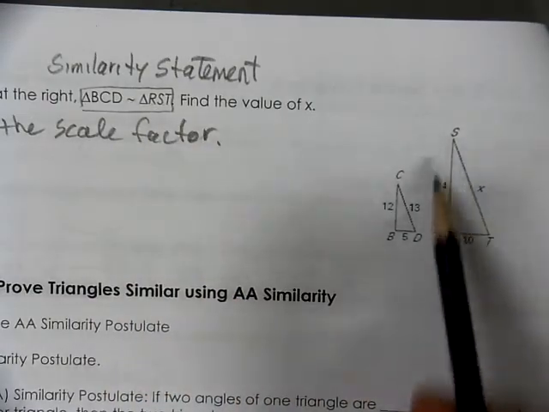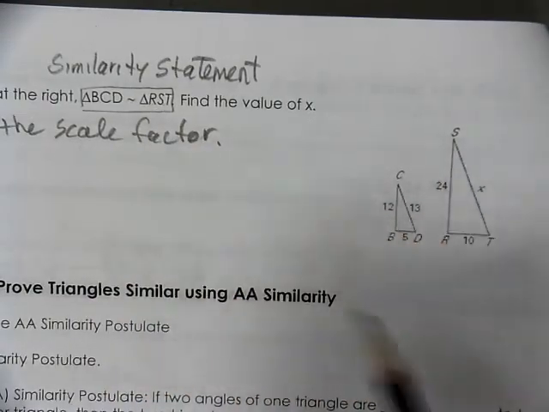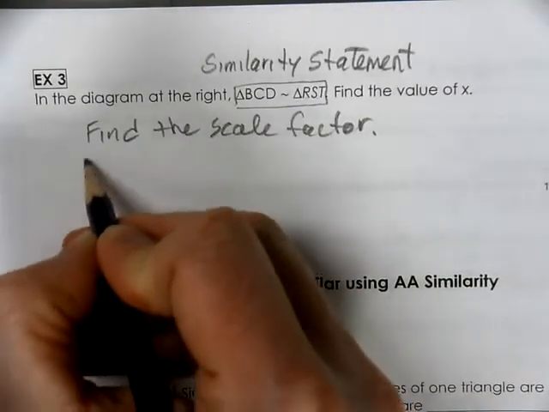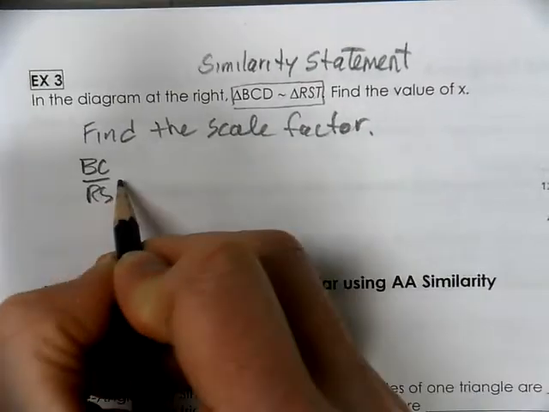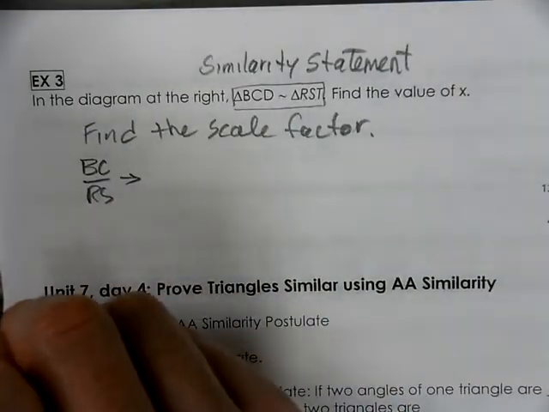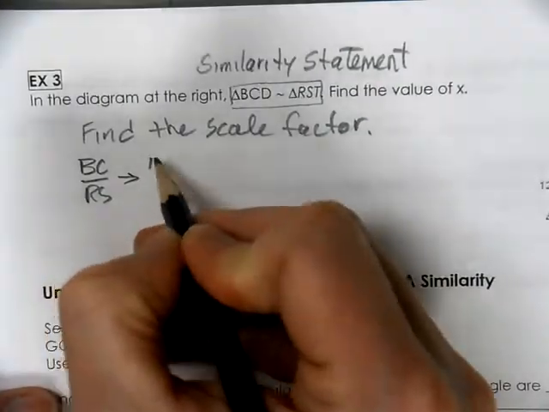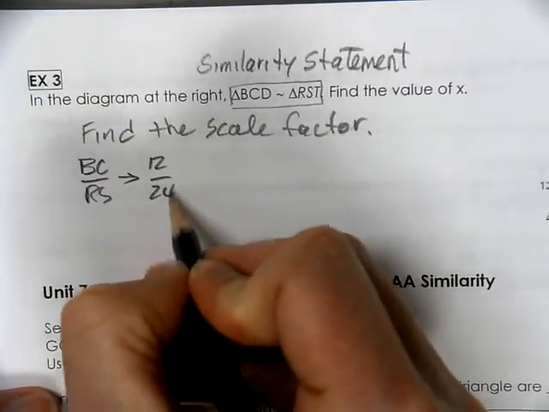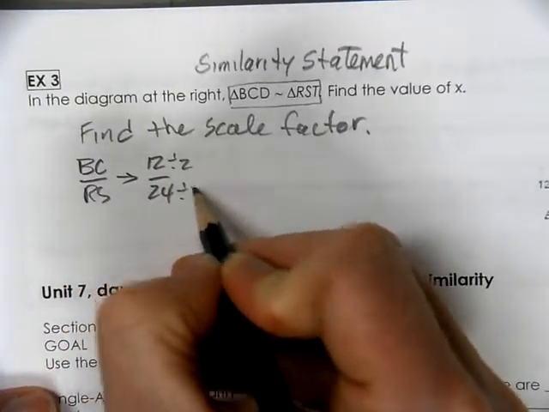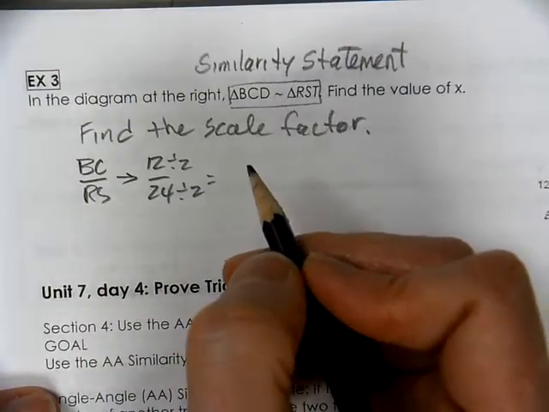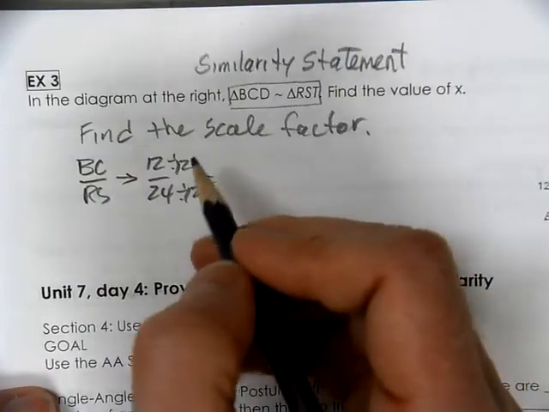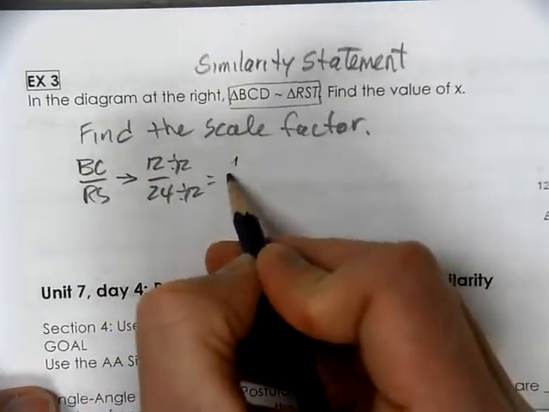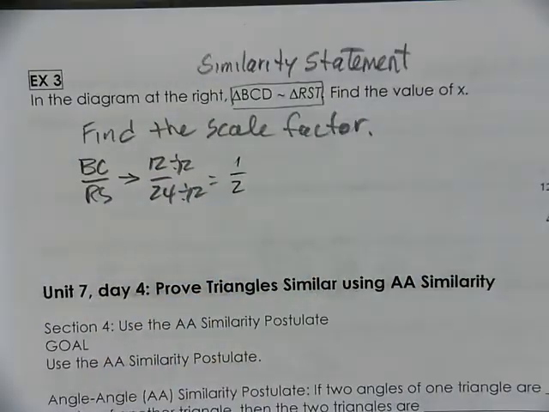RS is the first two letters. We can use that as our scale factor. BC over RS, we plug in our numbers, to get 12 over 24. Of course, we can divide each of those by 12, and we are going to get 1/2. So our scale factor is 1/2.